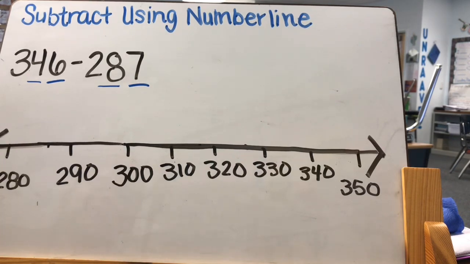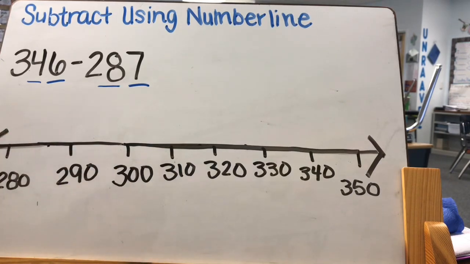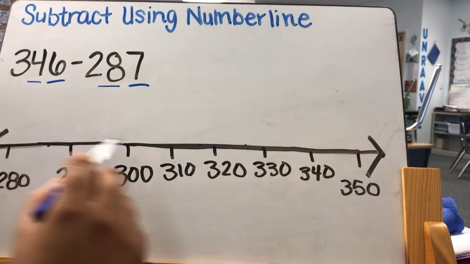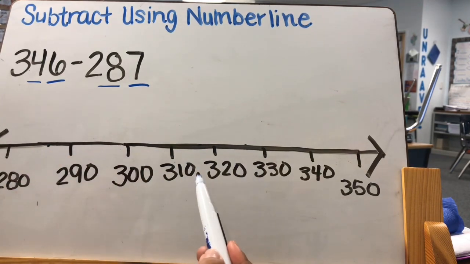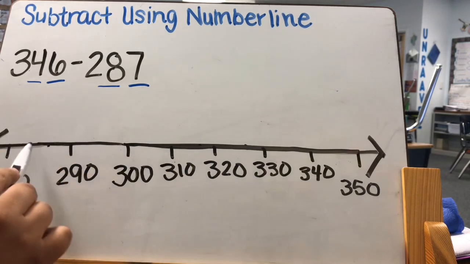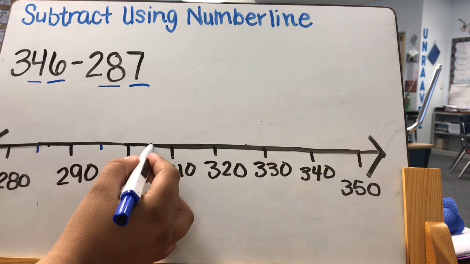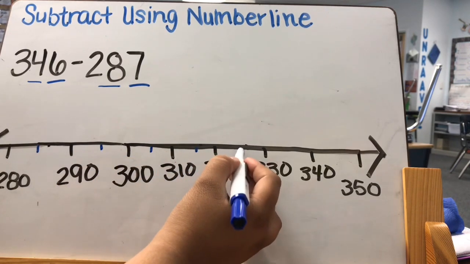We are going to be demonstrating how to count up to subtract using a number line. The first step you're going to want to do is plot both of your numbers on the number line. What I like to do when I have a number line that is only counting by tens is to make a halfway mark between all of my numbers.